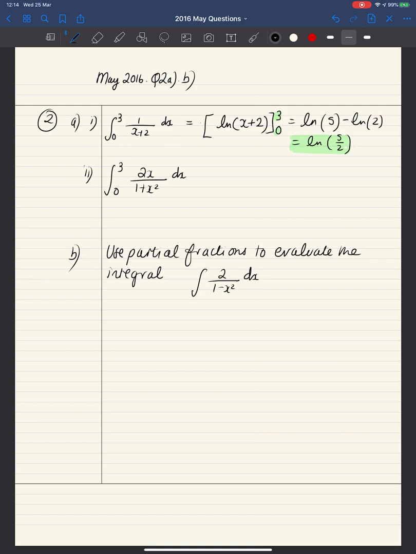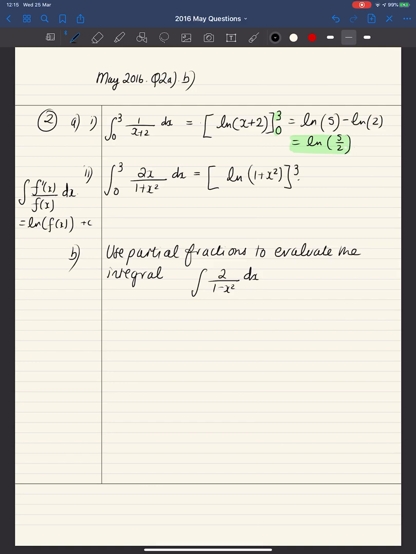Right, this integral here: if we've got the derivative on the top and the function on the bottom, that's going to be log of the function plus c. But we don't need the plus c because we've got limits. So we see here, this is 2x and this is x squared. This 2x is the derivative of 1 plus x squared, so this is ln of 1 plus x squared.